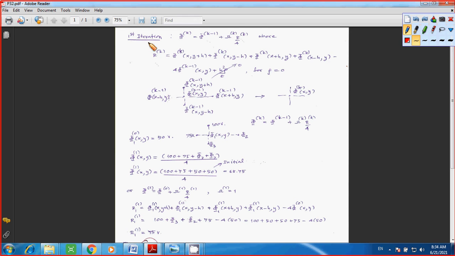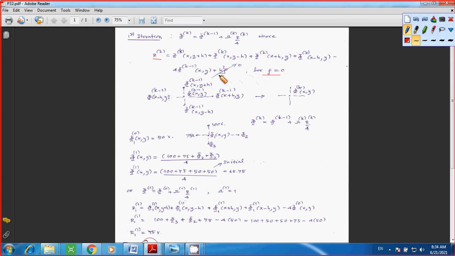Okay, let's start with the first iteration. Your phi k equals phi k minus 1 plus omega k r k over 4, where your r equals phi k at x, y plus h, plus phi k at x plus h, and so on.